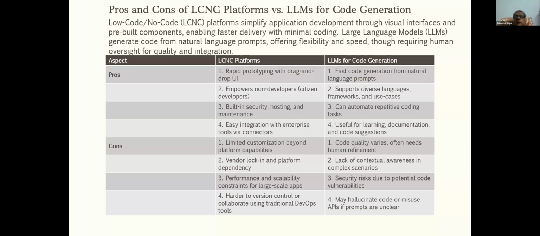The productivity is really very high when you use LLMs. And in the case of LCNC, it's all pre-configured, with easy visual drag and drop interfaces where you just pull the interfaces and then configure your components, configure your application. But having said that, there are also a lot of disadvantages like LLM hallucination and code quality.